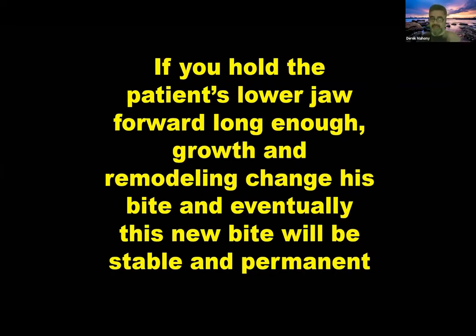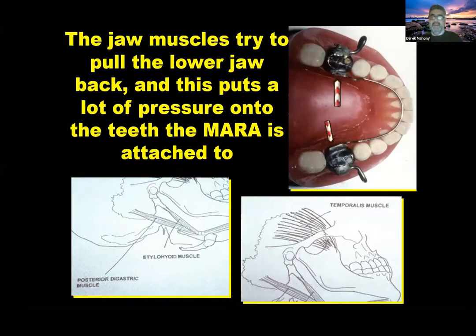One of the things that Frankel had talked about is that one of the muscles that will remodel to show you stability of your mandibular position is going to be temporalis. So if anterior belly of temporalis fires when the mandible is in the forward position, that's a good sign of stability.